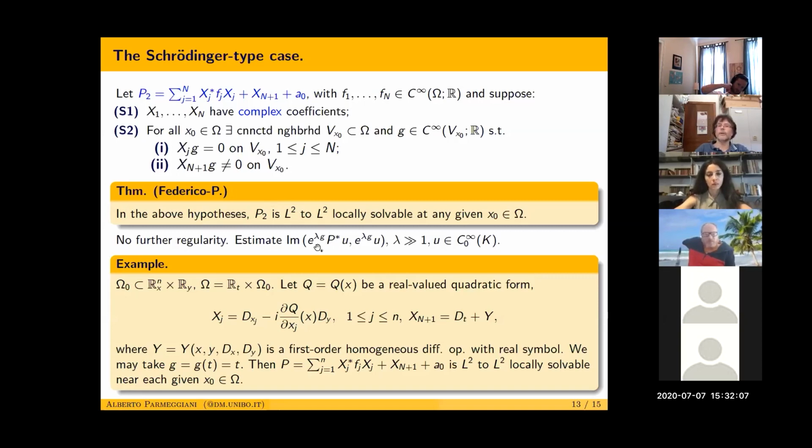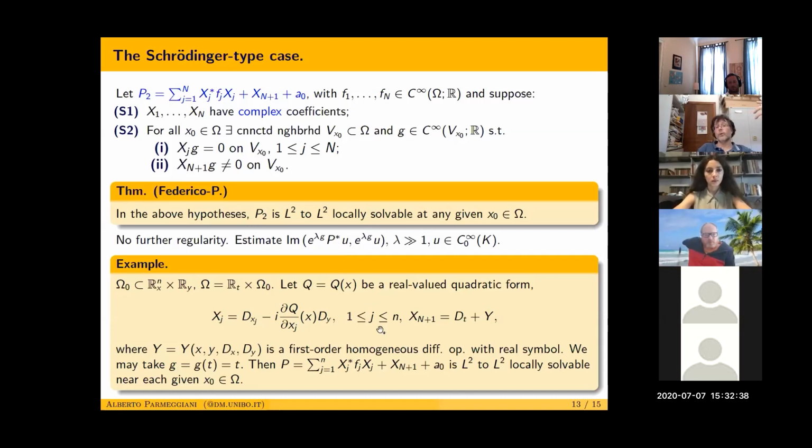There is some general reason why the X_{n+1} vector field as a multiplier does not help you. This is completely connected to the Schrodinger type. And so what we get, we estimate this energy by a Carleman estimate, and we get the result.